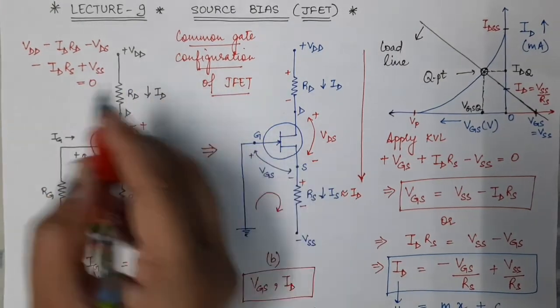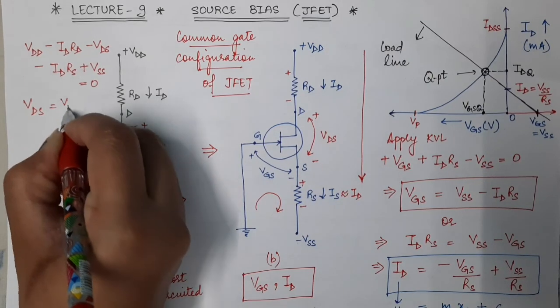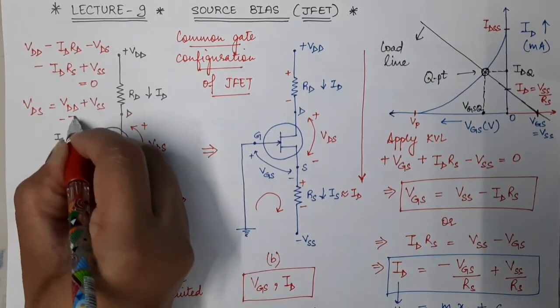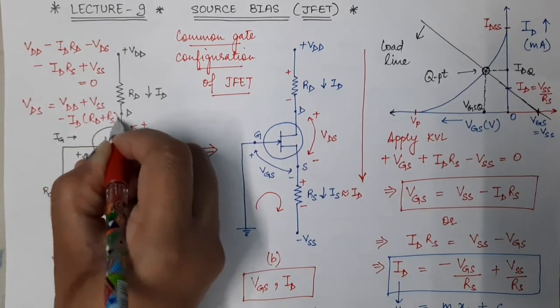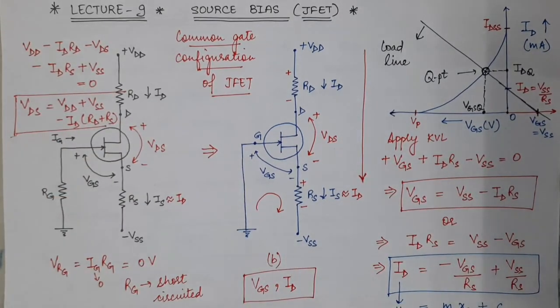Move this VDS to the other side and you will get VDS equal to VDD plus VSS, take minus ID common, RD plus RS. So this is the value of output voltage VDS in case of source biasing. So this is all about source biasing in case of junction field effect transistor.